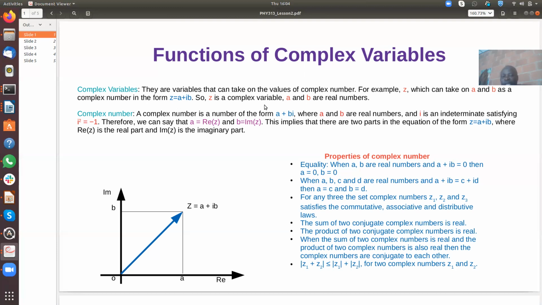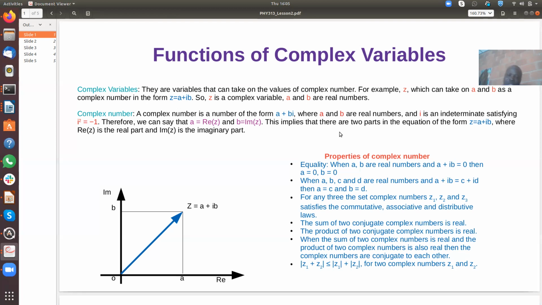In this case, a is the real part of the complex number, while b is the imaginary part, and you can see that it has the letter i behind it, signifying that that section has to do with the imaginary part of a complex number. So we can write a = Re(z) and b = Im(z). This implies that there are two parts in equations of this form, which are the real part and the imaginary part.